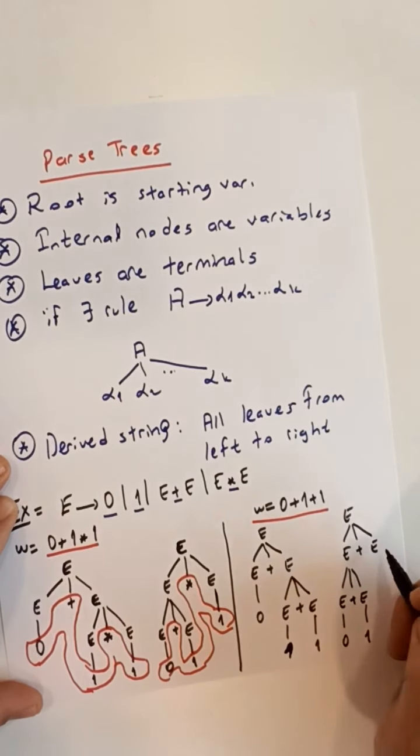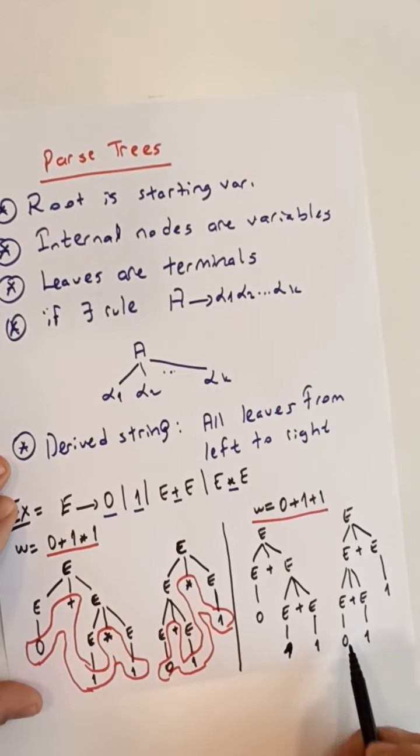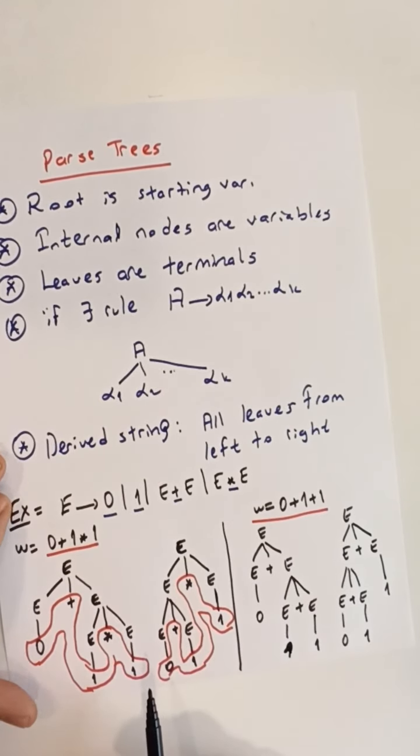So now we have 0 plus 1, and e would give us 1. Again, reading the leaves from left to right, 0 plus 1 plus 1, which is the same string. So in both examples, we can see that we can have multiple parse trees for the same string.